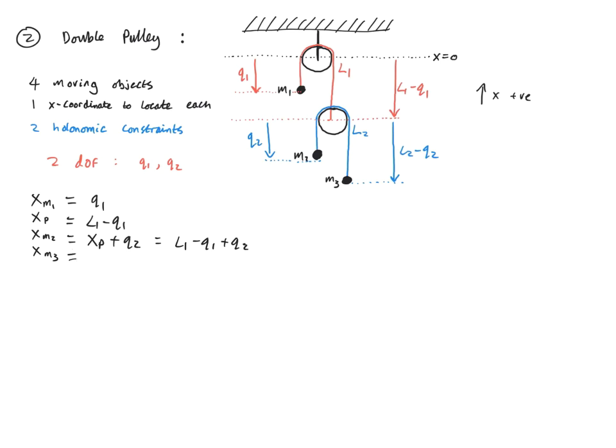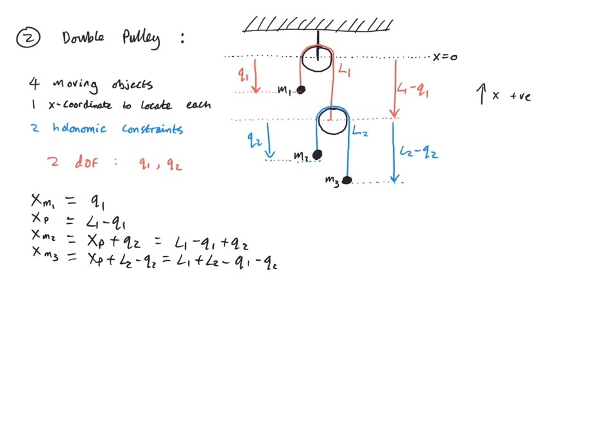And finally, the x-coordinate of mass 3 is this total distance, which is then clearly the x position of the pulley plus L2 minus Q2, which can be written simply as L1 plus L2 minus Q1 minus Q2. So these are the coordinates of our four moving objects.